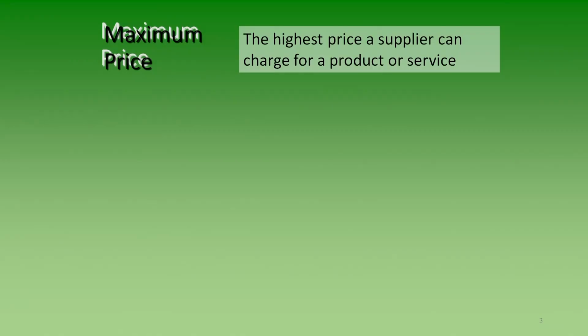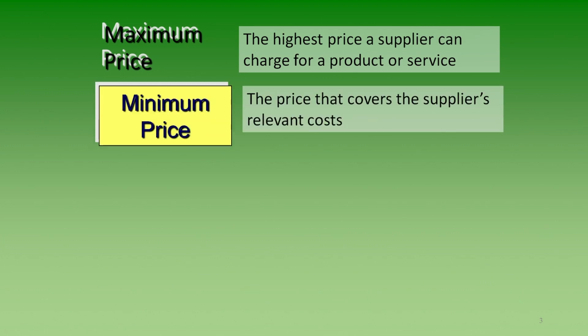So, we know that the maximum price is the highest price a supplier can charge for a product or service, that is quite obvious, and the minimum price is the price that covers the supplier's relevant costs. So, all costs put together is the lower strata, and the upper strata is the highest price that the customer can be charged.